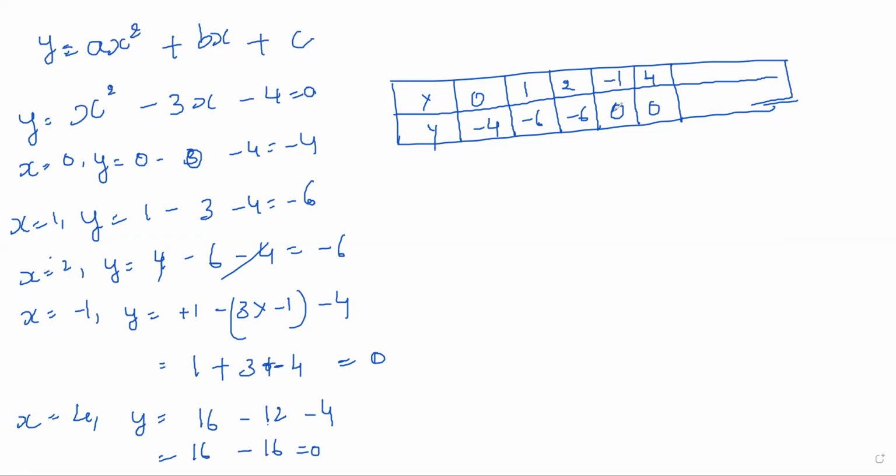Yes, already we got 2 zeros. So here it is a quadratic polynomial. The highest degree of the polynomial is 2. So it has at most 2 zeros. It doesn't have more than 2.